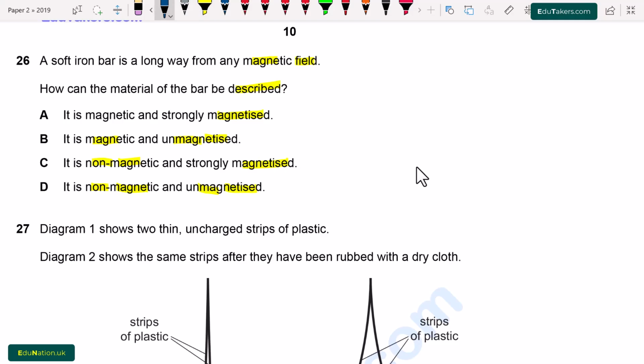So first of all, here is an iron bar. Iron is a magnetic material. So first of all, it is magnetic, and either it is magnetized or demagnetized. It is given that the soft iron bar is a long way from the magnetic field. It is away from the magnetic field. It means that it is unmagnetized. So from here, option B is correct: the soft iron bar is magnetic and unmagnetized.